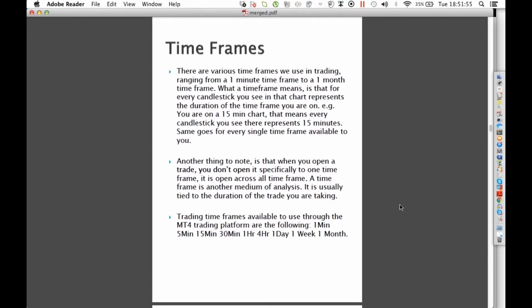So we'll tend to respect the higher time frames more. The trading time frames available through the MetaTrader 4 platform are the 1-minute chart, the 5-minute chart, the 15-minute chart, the 30-minute chart, the 1-hour chart, the 4-hour chart, the 1-day chart, the 1-week chart, and the 1-month chart.